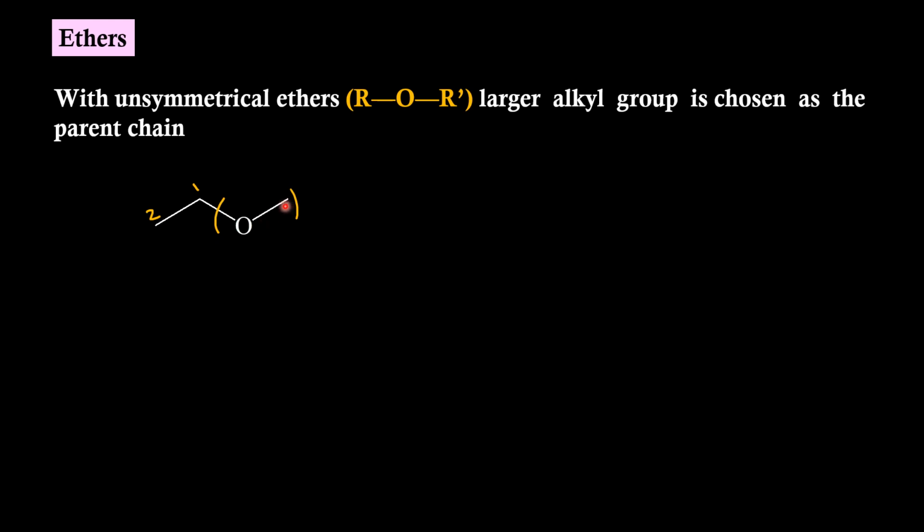Since we have only 1 carbon in the substituent, its name will be methoxy. Methoxy is sitting on position 1 of the parent chain. So the secondary prefix will be 1-methoxy. Root word is eth. Primary suffix is ane. IUPAC name will be 1-methoxy ethane.